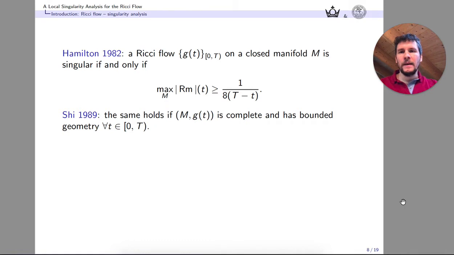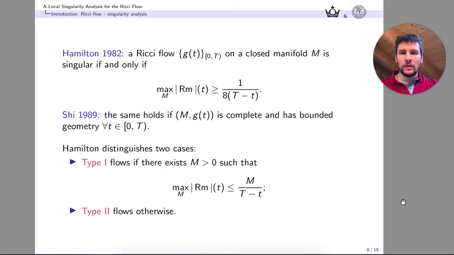Okay, and this result has then been extended by Ricci in '89 to show that it also holds for Ricci flows that are complete and have bounded geometry for every time slice. So that means for each time we have bounds on all the curvatures and their derivatives and on the injectivity radius. Okay.